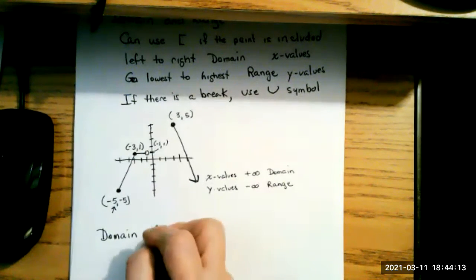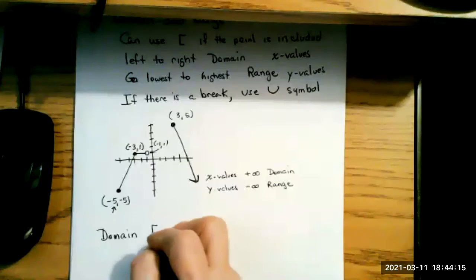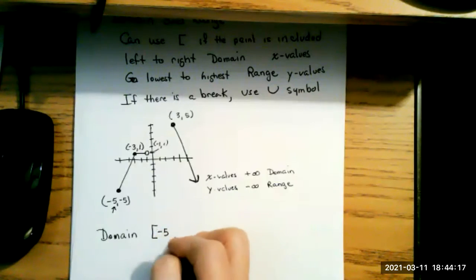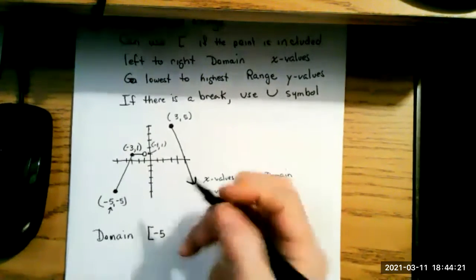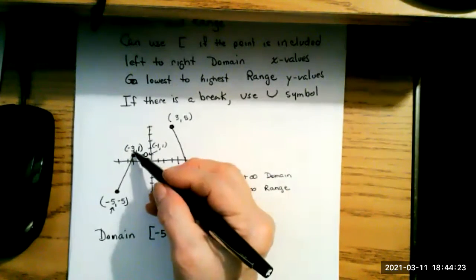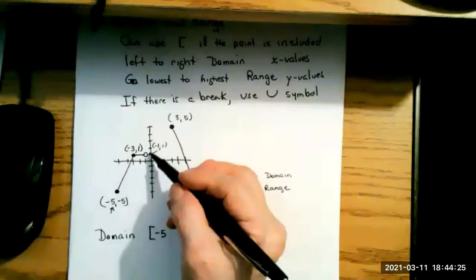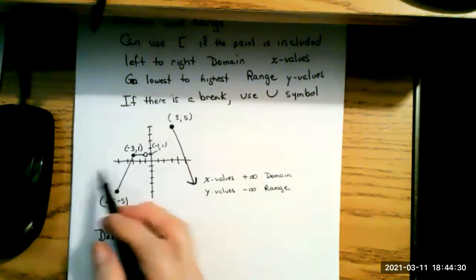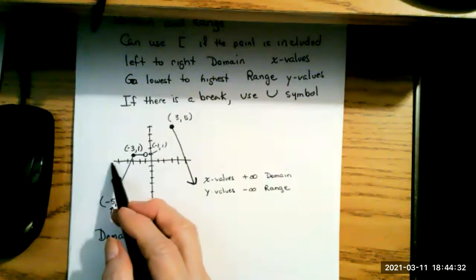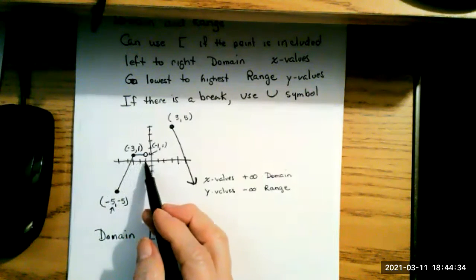Yes. So we're going to put a bracket because we're doing domain. And this domain will go to where? Let's see. This is a -3. This is a -1. So it looks like our x values left to right would start at -5 and go to -1. You see that?